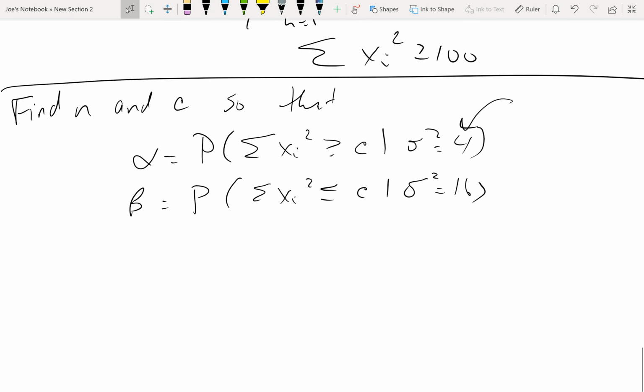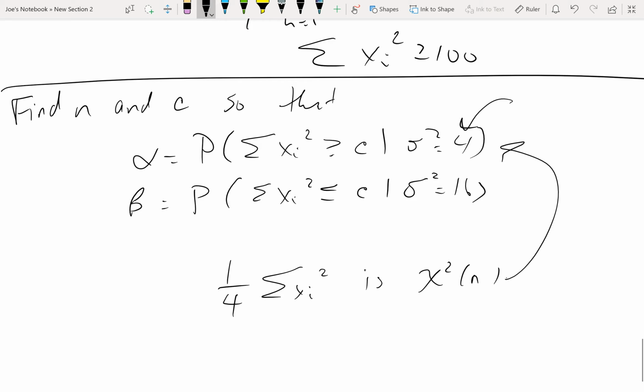So 1/4 the sum of the x of i's squared is chi-squared of n in case 1. And in case 2, 1/16 the sum of the x of i squareds is chi-squared. I think this might be a little bit harder to do for chi-squareds now that I'm thinking about it.